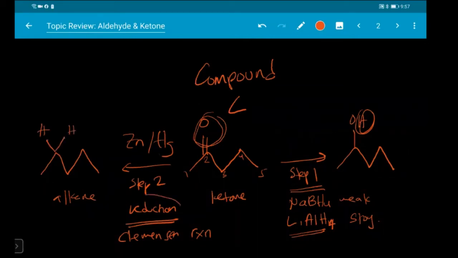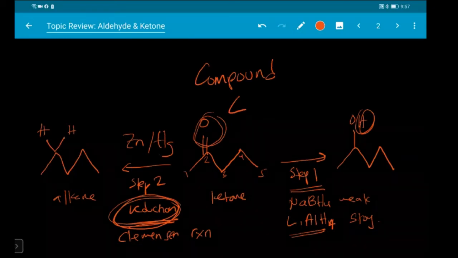Okay, that's why it belongs to the reduction reaction. Saya tak ada bincangkan ni sangat dalam video sebelum-sebelum ni, because benda ni jarang ditanya lah. Jarang-jarang pun sebenarnya dalam Disember 2019 ditanya, dalam Jun 2019 pun ditanya juga.